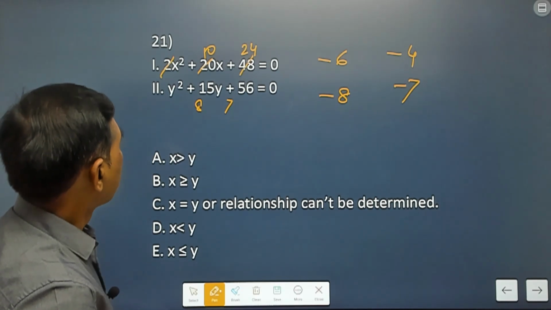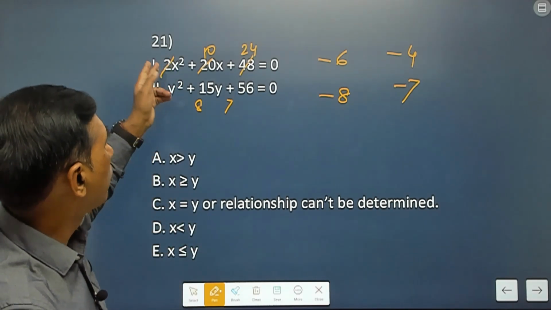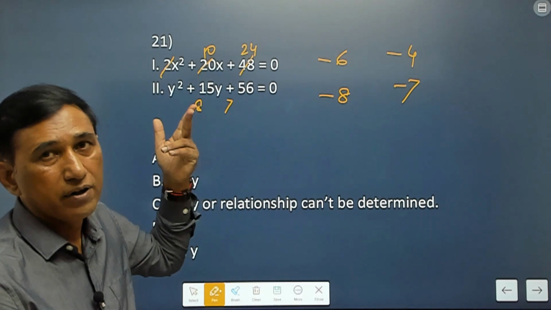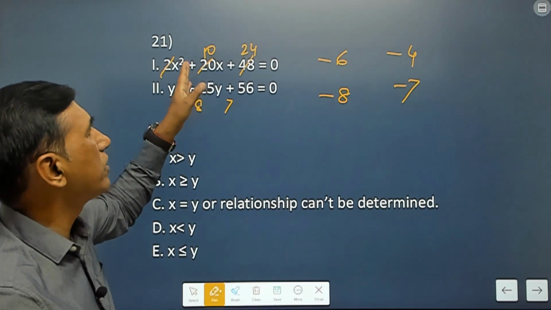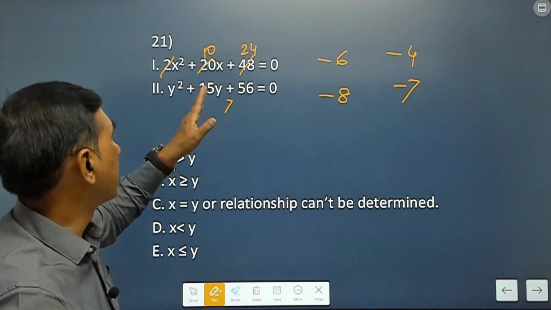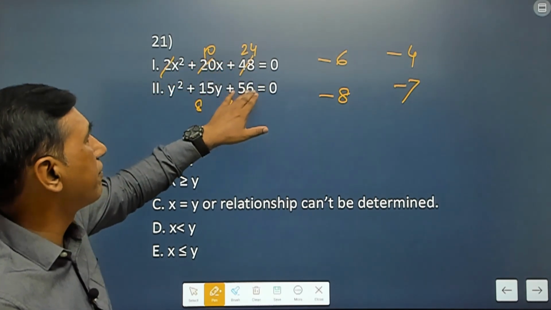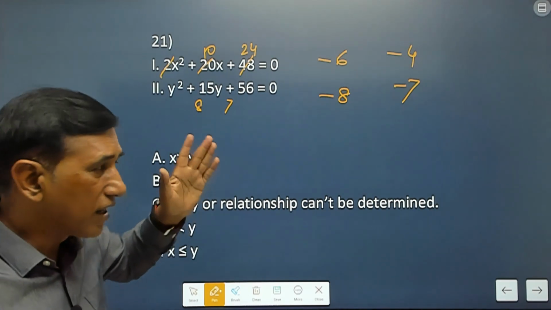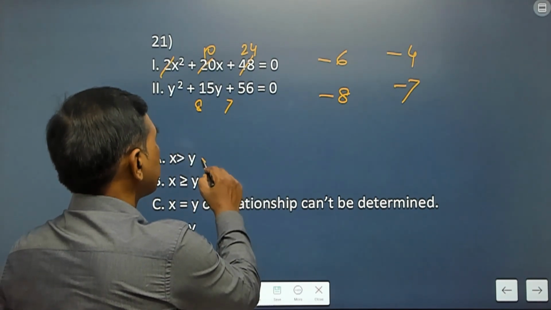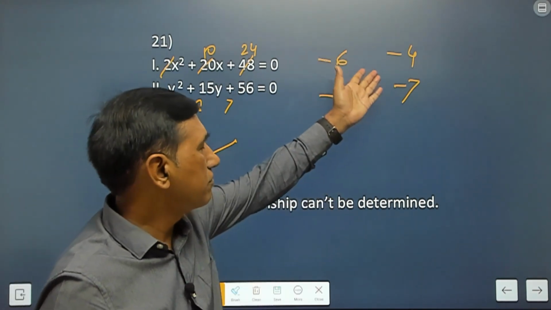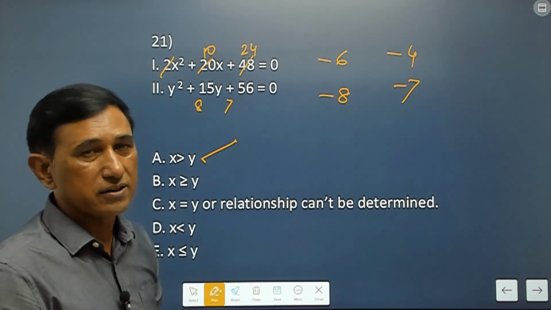Since we have said earlier that when both the roots are of the same sign, we can find out which one can be bigger, greater. So here x is 10 and 24, 15 and 56. So the chances of x being greater is 4. We've calculated the roots and x is greater than y.